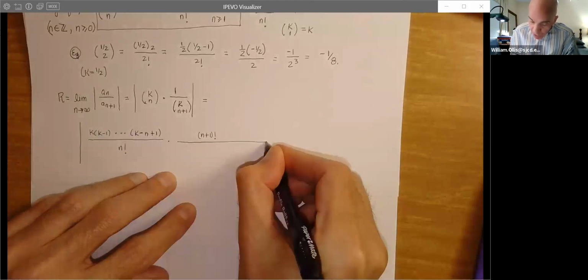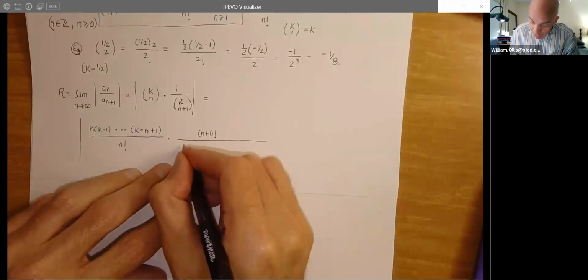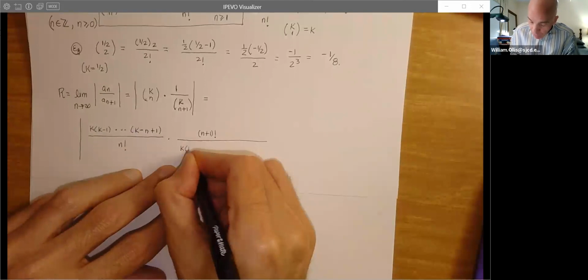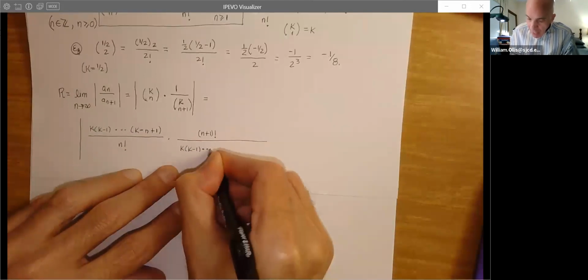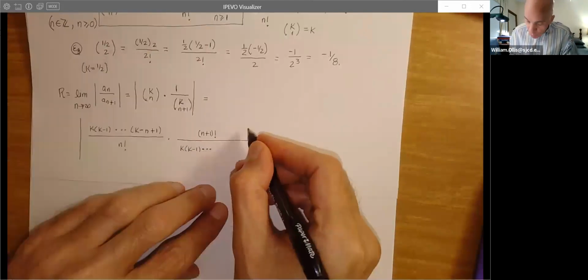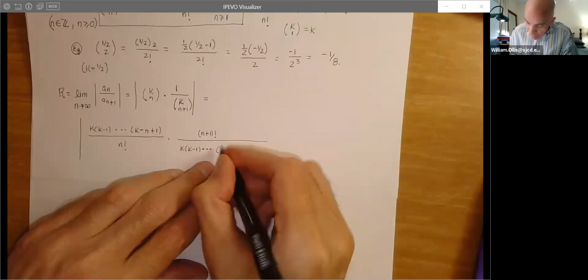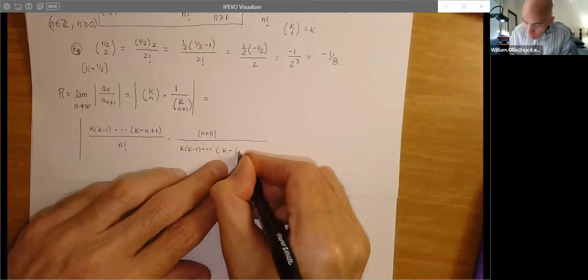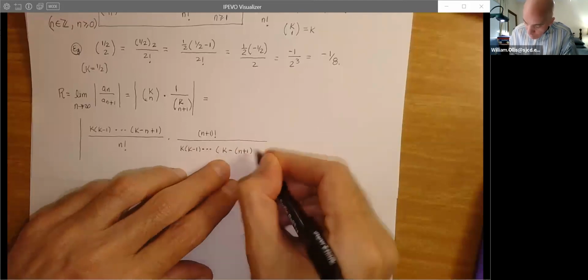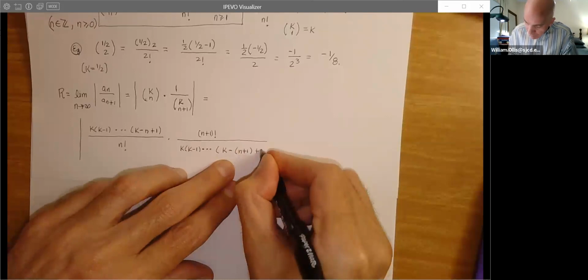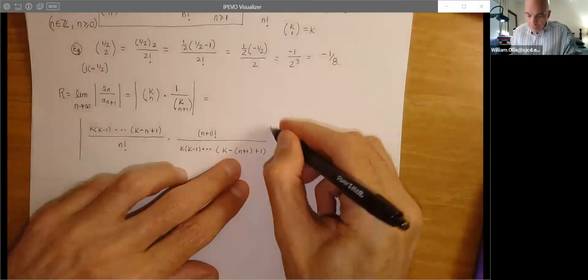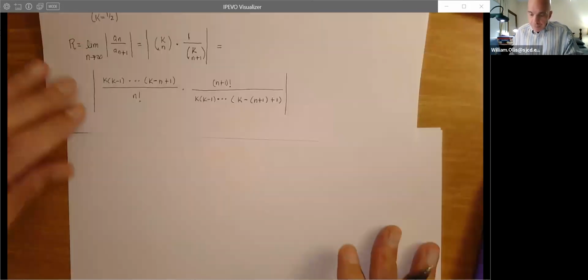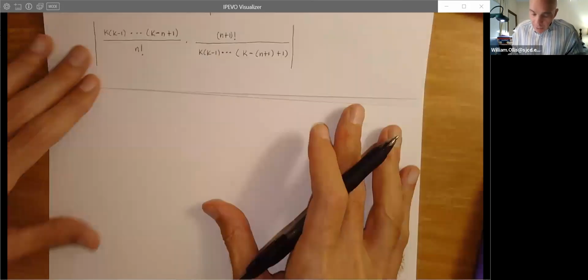And then downstairs, we do the same thing. We have k, k minus 1, and now n gets replaced with n plus 1. So the very last one will be k minus n plus 1 plus 1. So we'll leave that here.